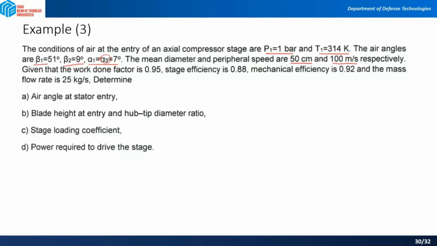Given that the work done factor is 95%, stage efficiency is 88%, mechanical efficiency is 92%, and the mass flow rate is this much, you have to determine the air angle at the stator entry, which is alpha 2, blade height at entry and hub diameter ratio, stage loading coefficient, and power required to drive the stage.